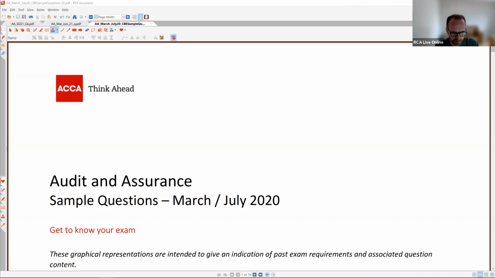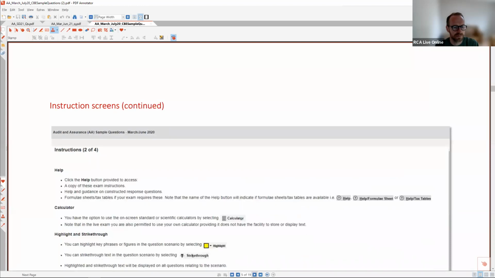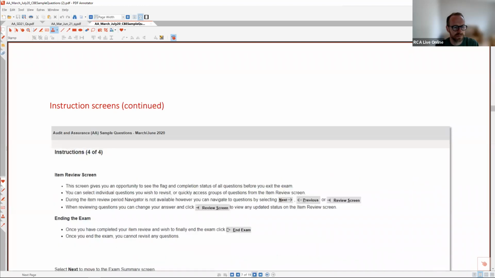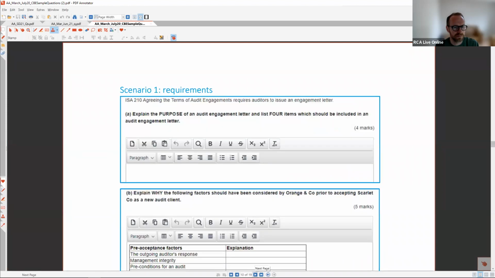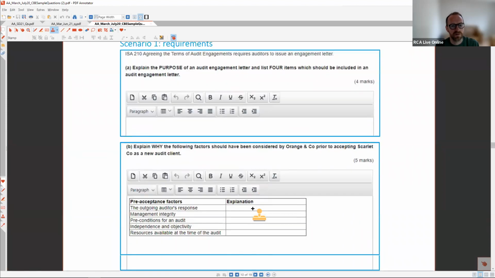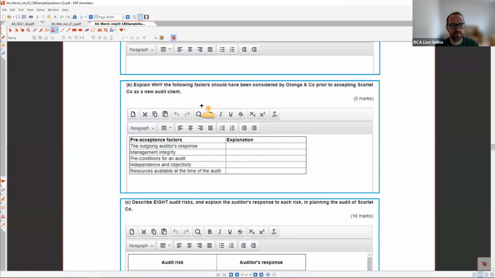So the one I'm going to look at is March, July 20. I think it's question 1. Yeah, we'll come to the engagement letter in a second, but I'm mostly interested in this bit.